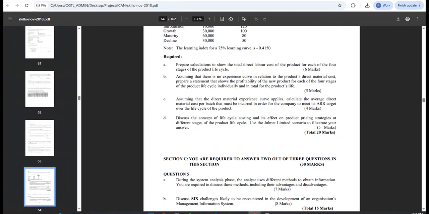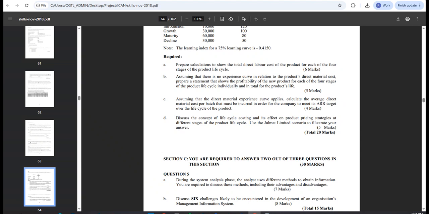Required. A. Prepare calculations to show the total direct labor cost of products for each of the 4 stages of product life cycle. B. Assuming that there is no experience curve in relation to the product's direct material cost, prepare a statement that shows the profitability of the new product for each of the 4 stages of the product life cycle, individually and in total for the product life.